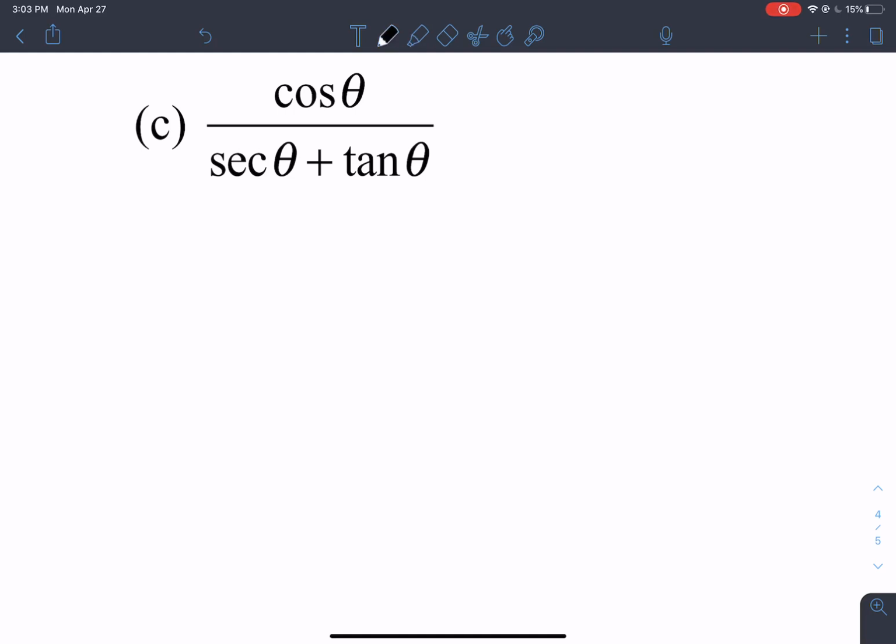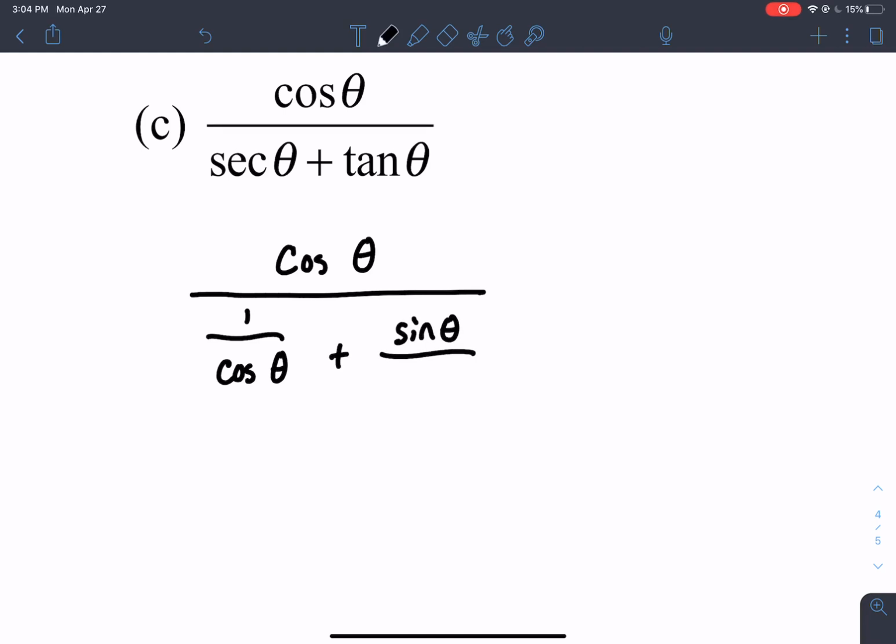Okay, third one. Again, I think we're going to change to sine and cosine. So you got cosine of theta over 1 over cosine, which is secant, plus sine over cosine.